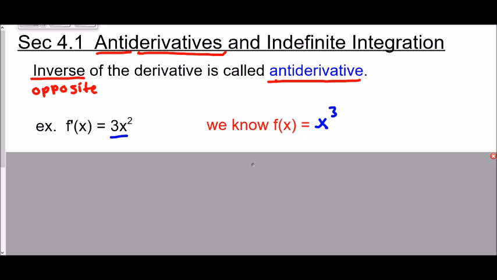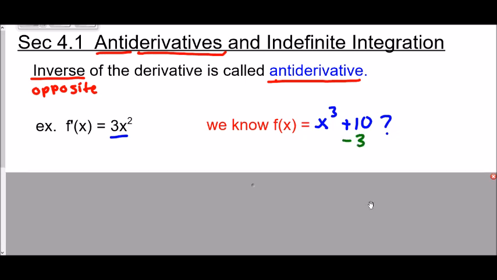What if it was plus 10? When we take the derivative of 10, it goes away. So we wouldn't know if that 10 was there or not. But what if it was a different number? What if it was like minus 3? There's no way for us to know if it's 10 or minus 3. Or what if it was like plus 632?